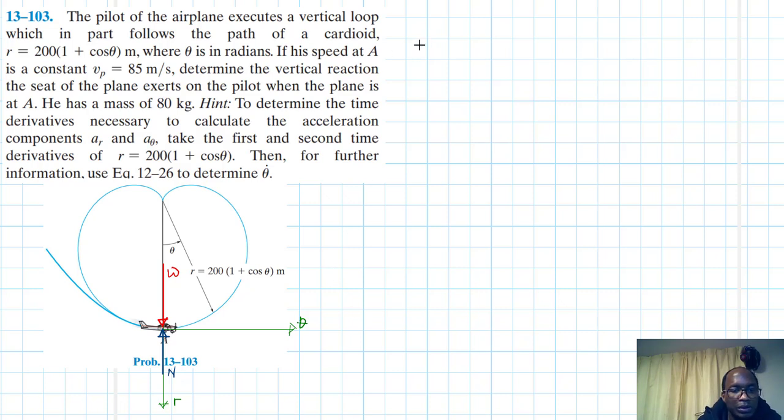What else do we need? Basically, this is enough. Let's now find the inputs that we are going to use for the acceleration along the r and the theta direction.